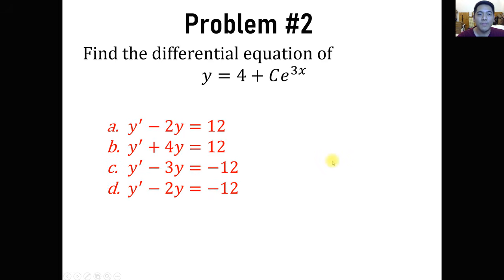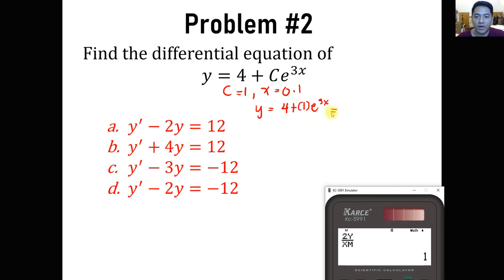Okay? So problem number 2, find the differential equation of y equals 4 plus c e raised to 3x. Again, if we have an arbitrary constant, that should be equal to 1. And x should be equal to 0.1. First, we get the y value. We have 4 plus, since c is 1, simply 1 here, e raised to 3x.